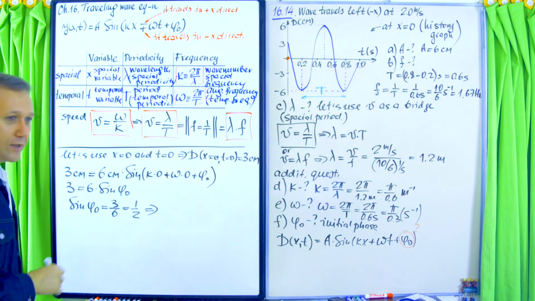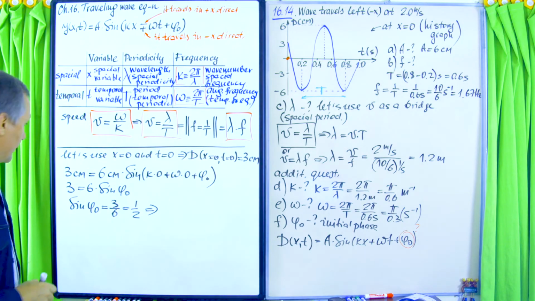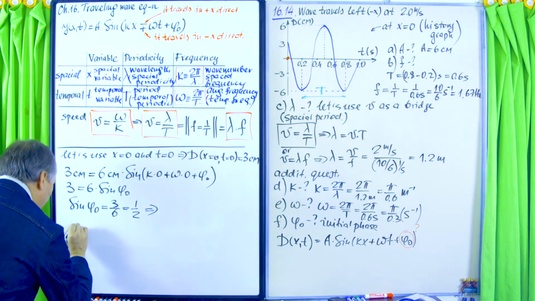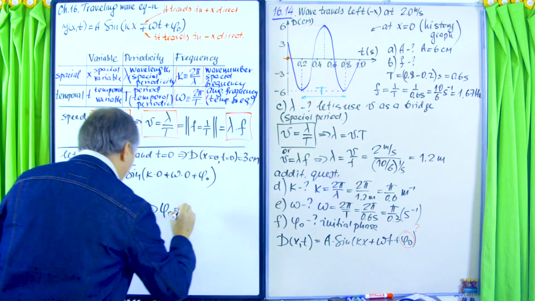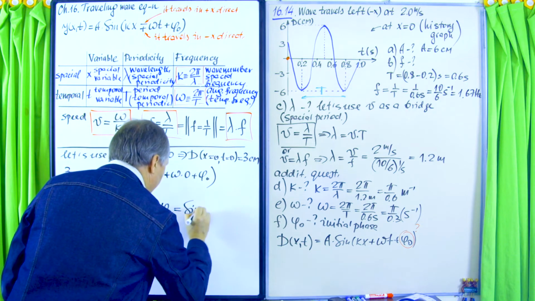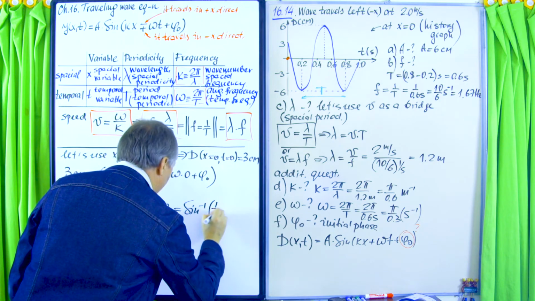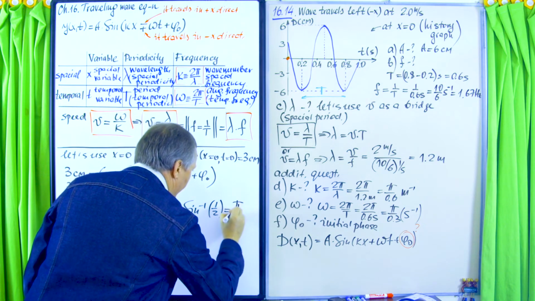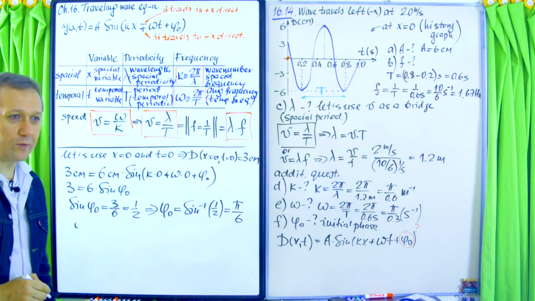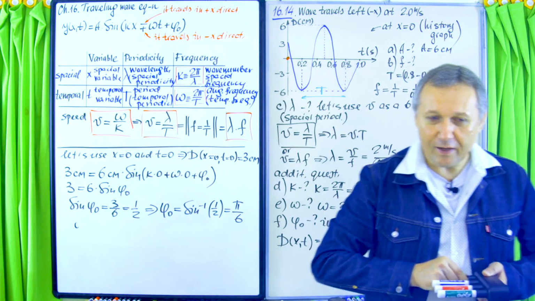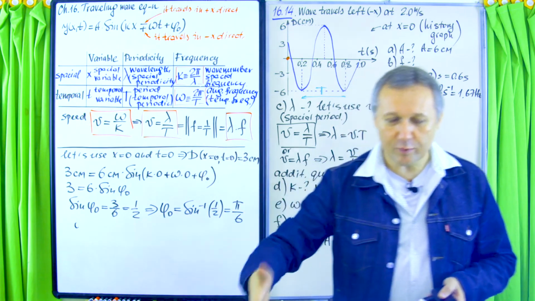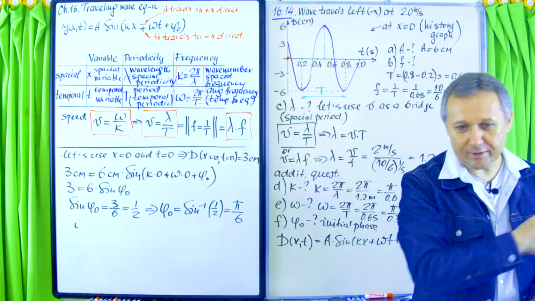And of course, now we can take arc sine, the reciprocal of sine, right? So phi naught equals inverse sine of 1 over 2. And that is, I remember by heart, pi over 6. When I was an undergrad student, our professors all the time used angles only 0, 30, 60, 90 degrees, right?